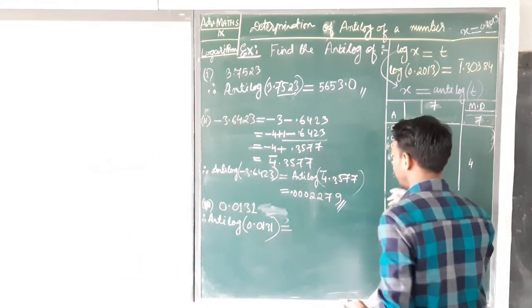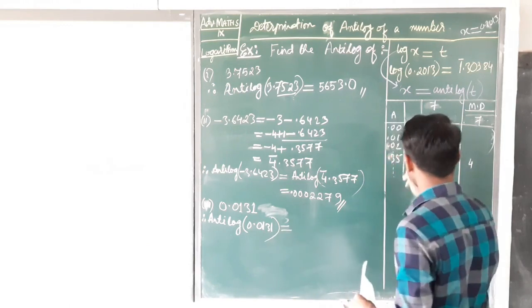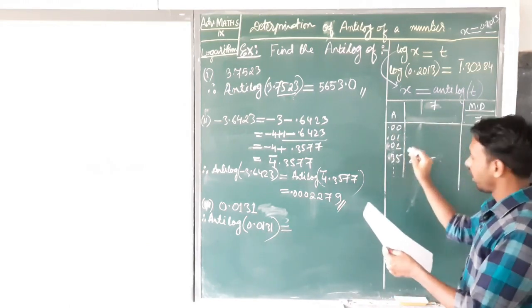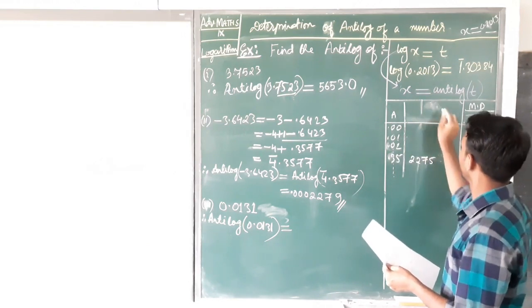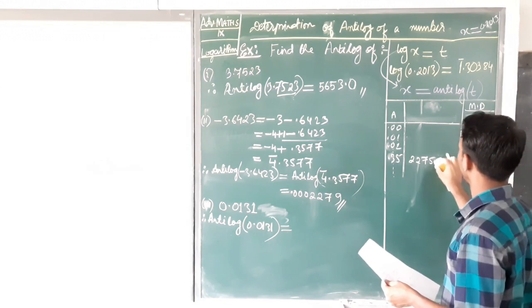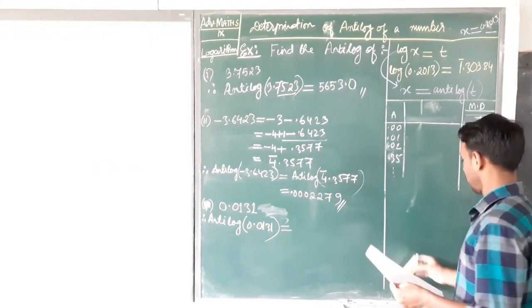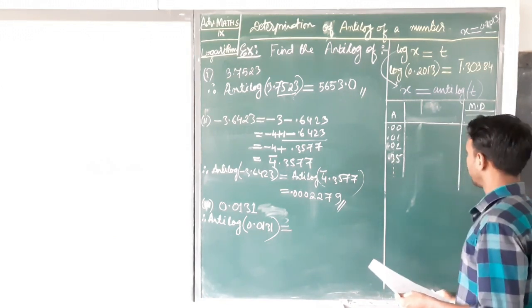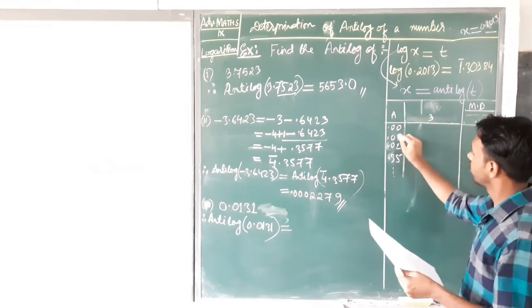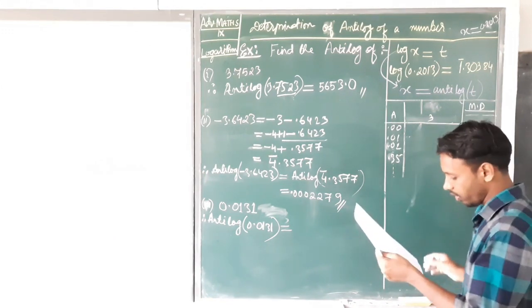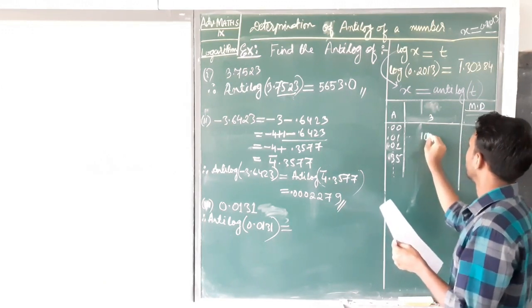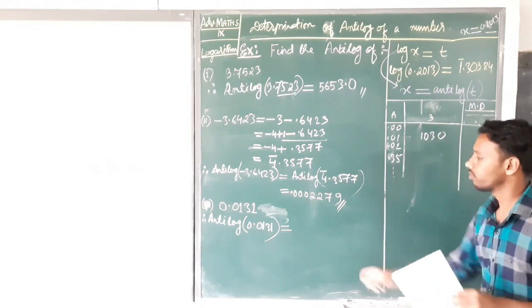If you check the row 0, 1, and column number 3, how much is the value? It is 1030.